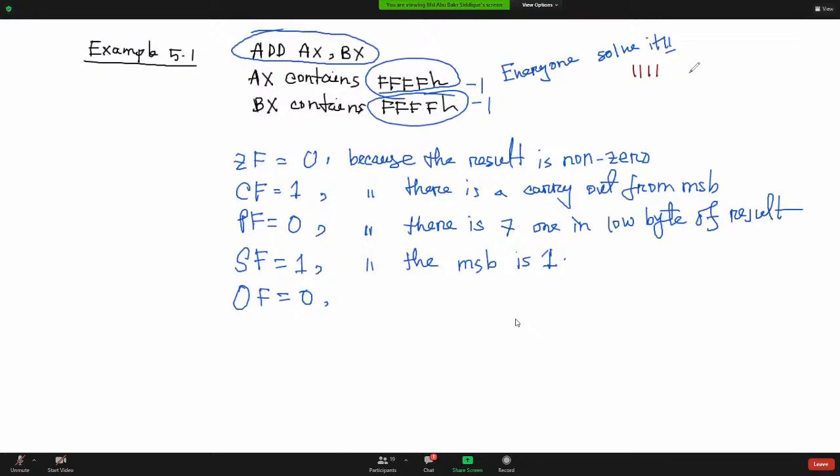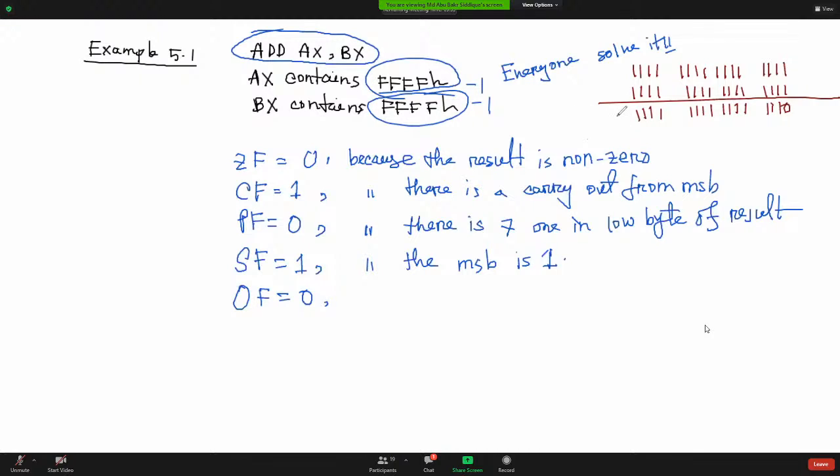If you add these two, what do you get? Then you get 1 1 0, 1 1 1 1 1 1.